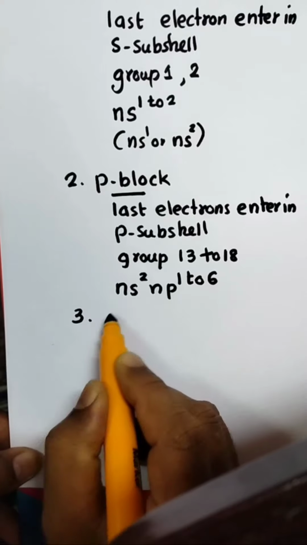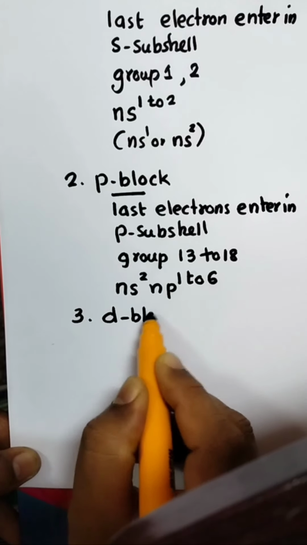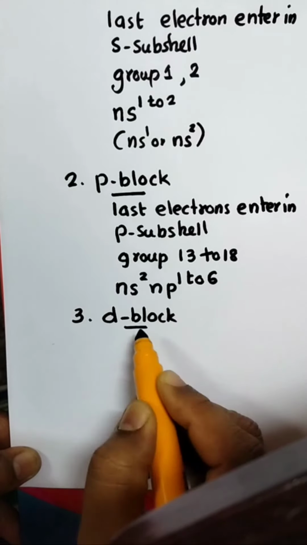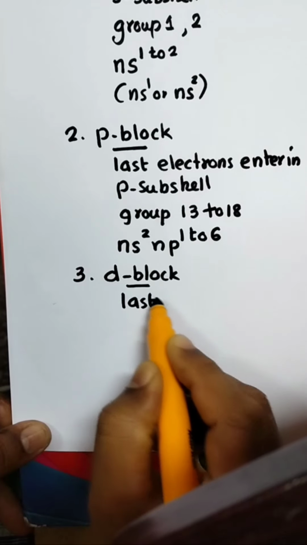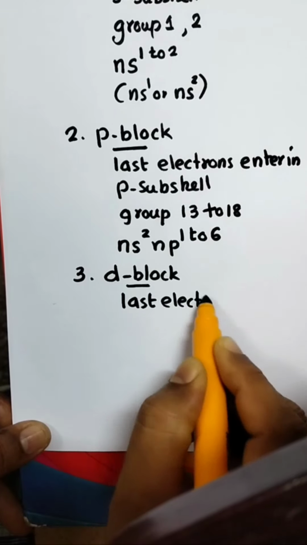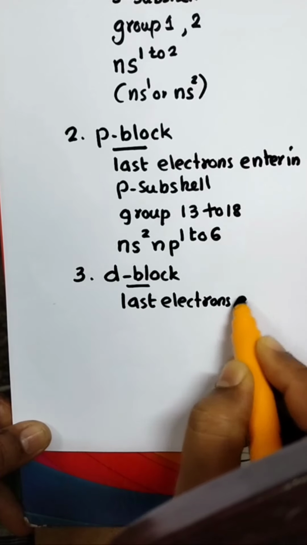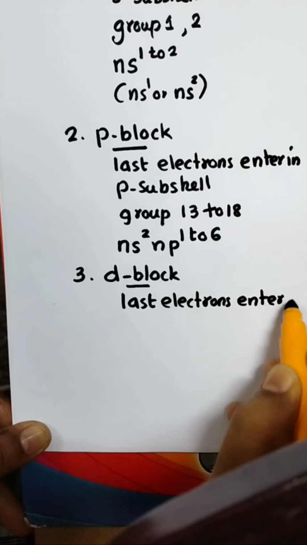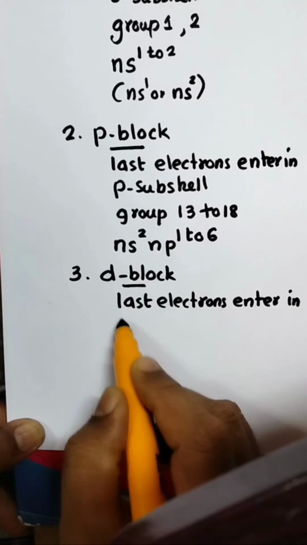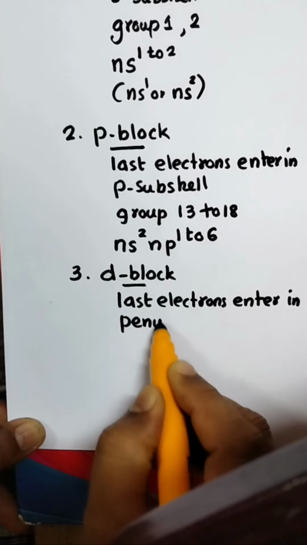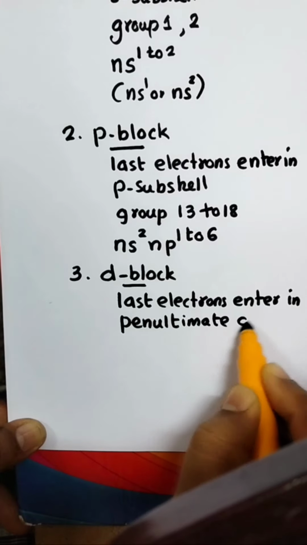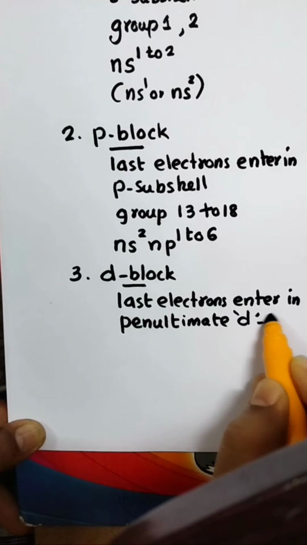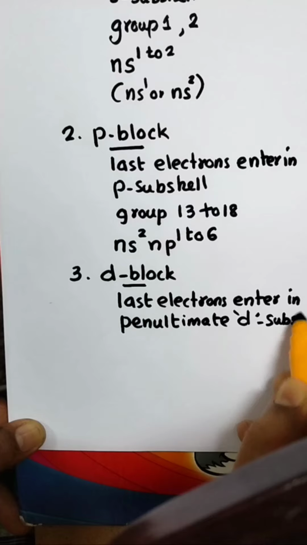Third, D block elements. Elements in which last electrons enter in penultimate D subshell are called D block elements.